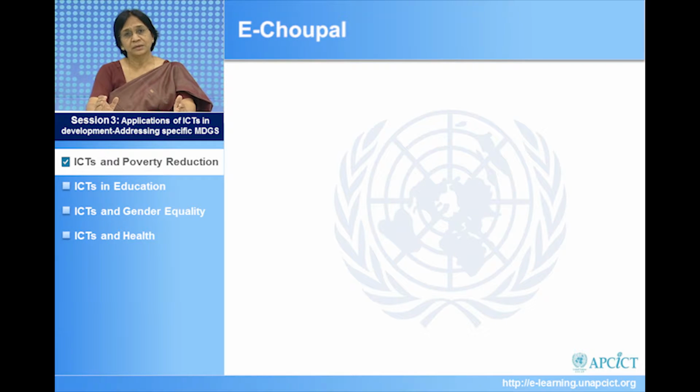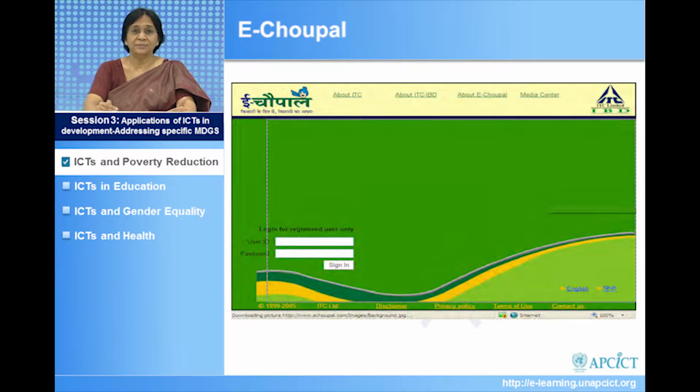On the private sector side, while we're talking about government interventions, industry has also enabled farmers to sell their products on a website called eChaupal. eChaupal means e-marketplace. You have a product to sell, you can go to the eChaupal website, advertise it, and sell it without the presence of middlemen.